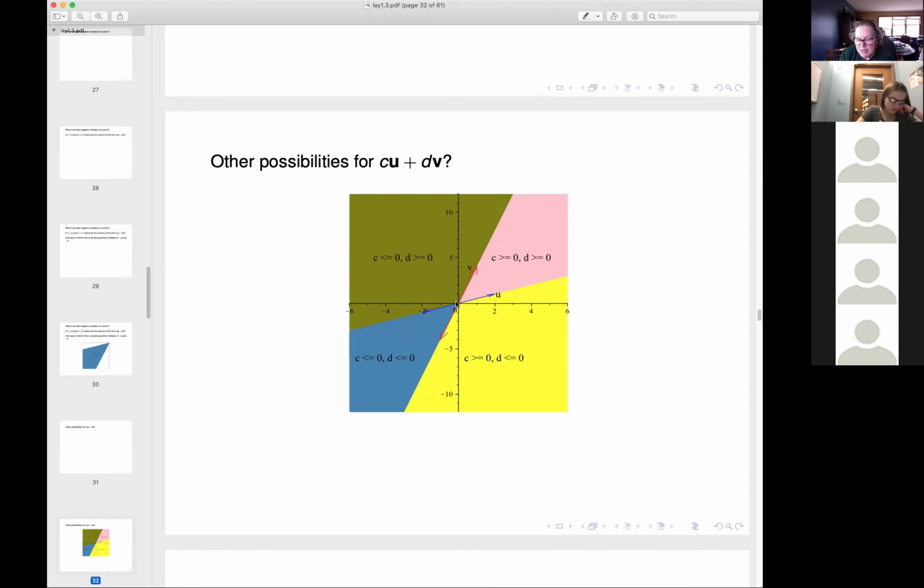Here's u going out here, here's negative v coming back here. So anything in this yellow area, we get by multiplying u times some positive number and v times some negative number. And similarly, across over here in the upper left, that's defined by positive multiples of v and negative multiples of u. We can generate any vector back in this area.